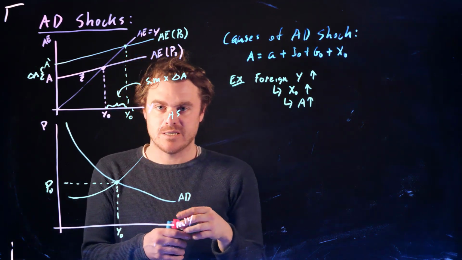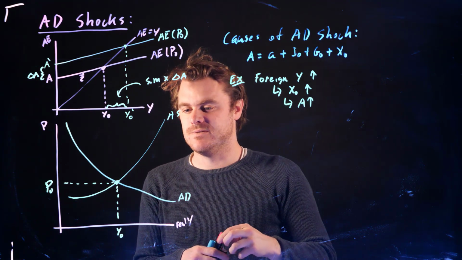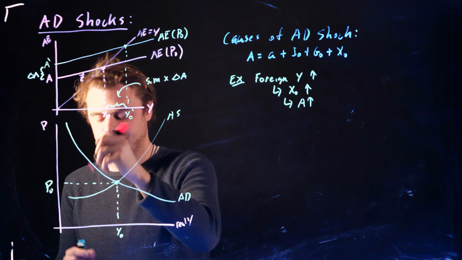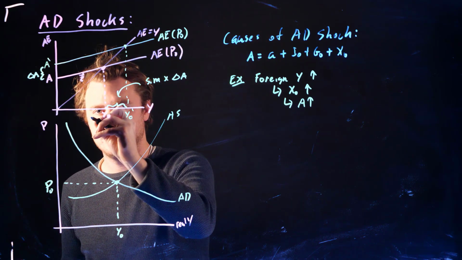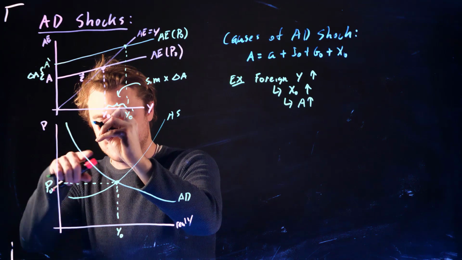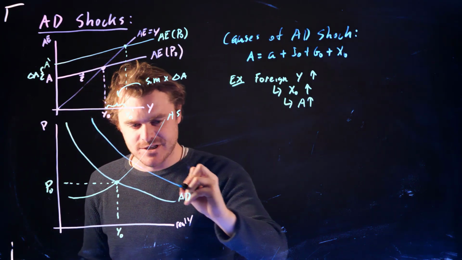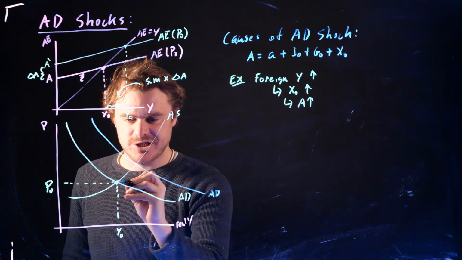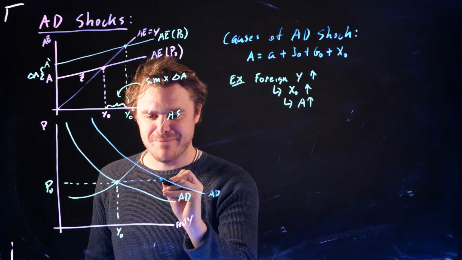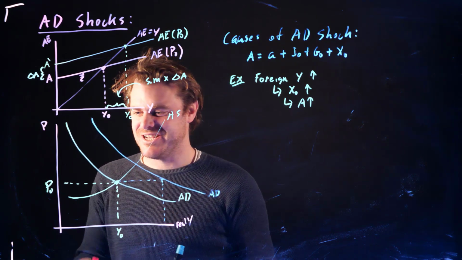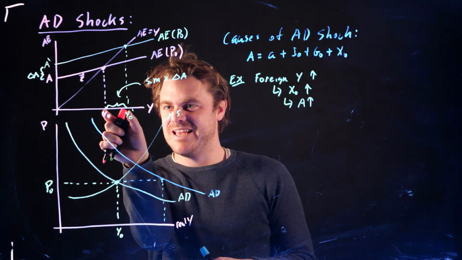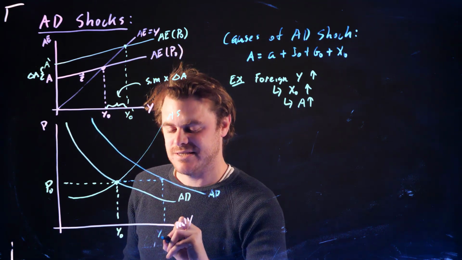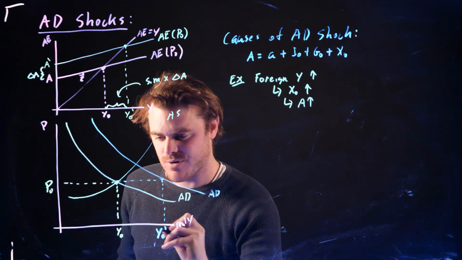So when we talked about shifts in aggregate demand, what's happening in the demand side of things, so I'll use blue, is that in this bottom graph, this AD curve is going to shift to the right. And the size of that shift, doesn't look like it matches up that well, but the size of that shift is supposed to be the same size of that. So here's the same Y0 prime.